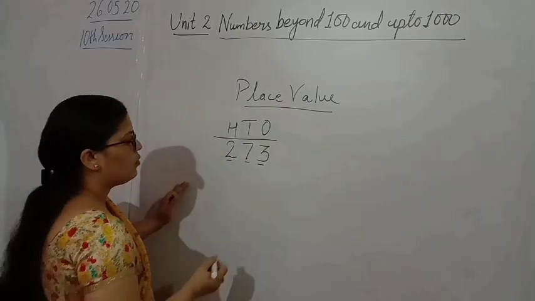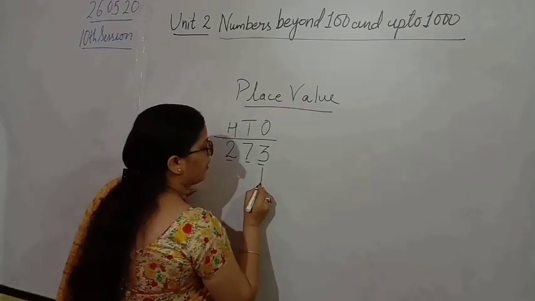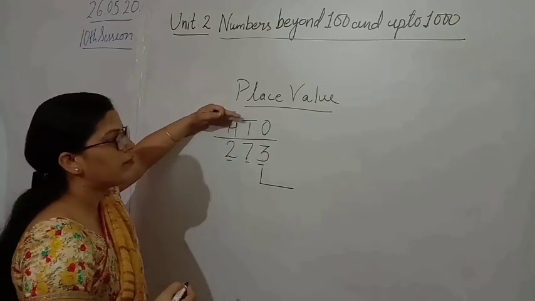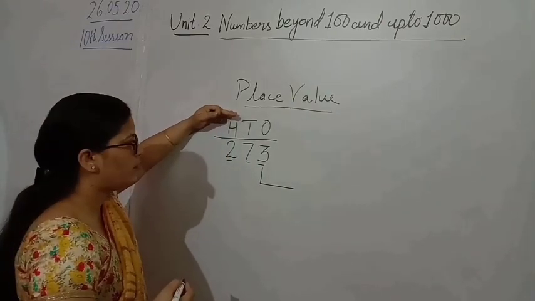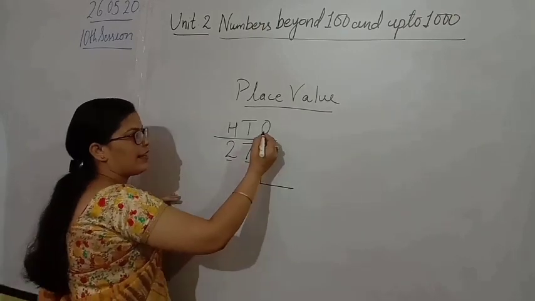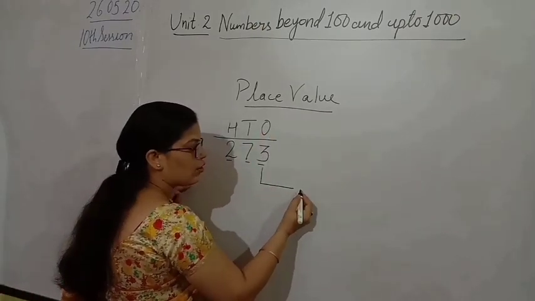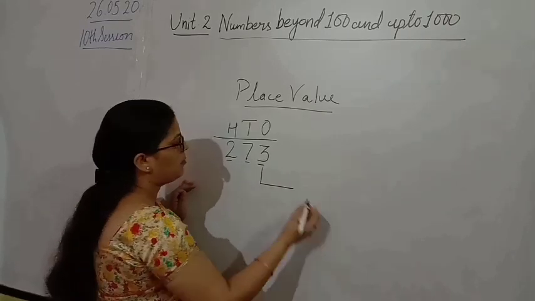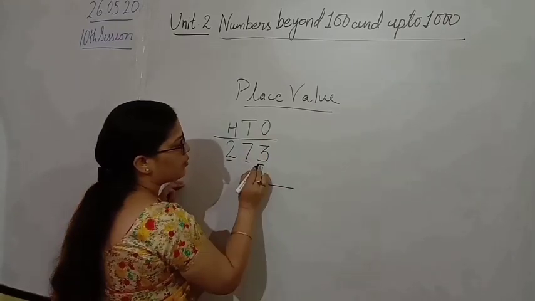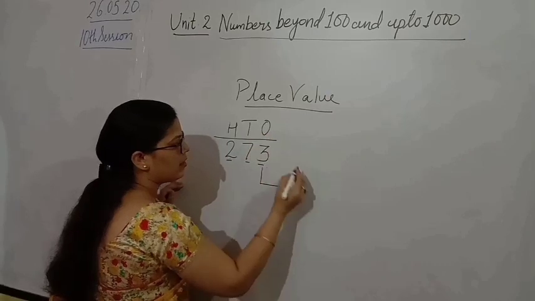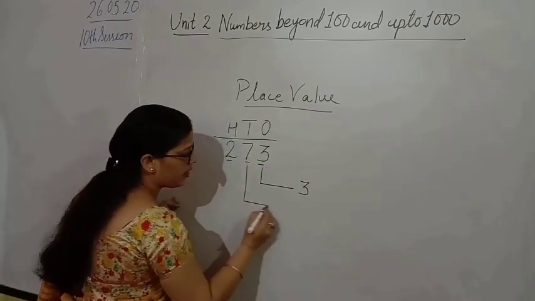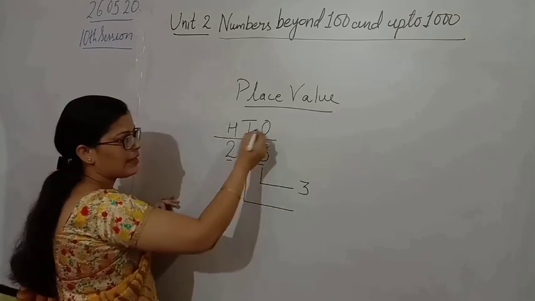Now 3 is at ones place. We'll not write in words, we'll write direct numbers. 3 ones. We'll write 3. Place value of 3 is 3. It is at ones place.